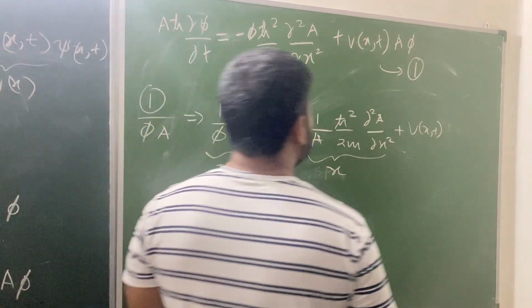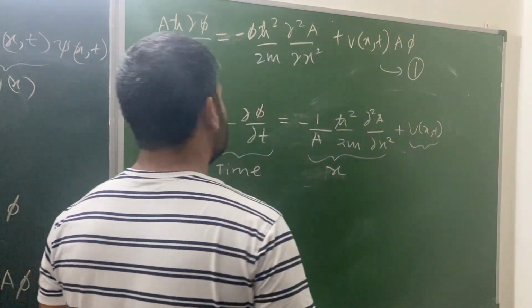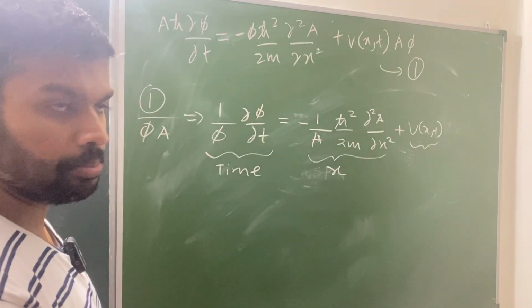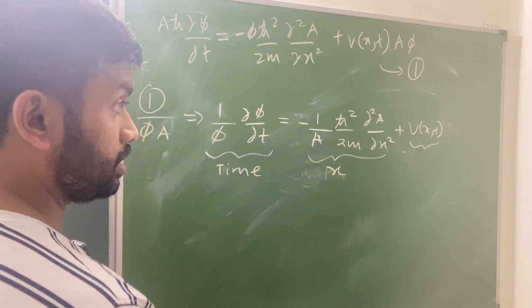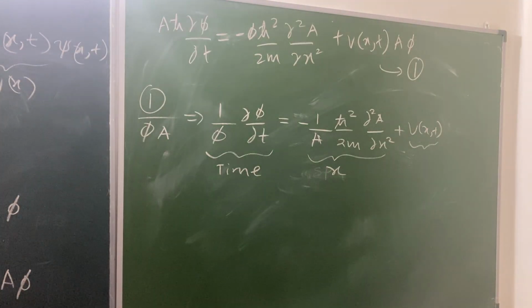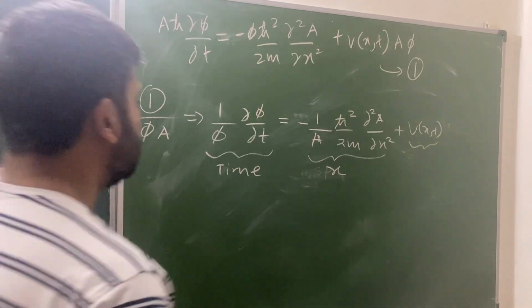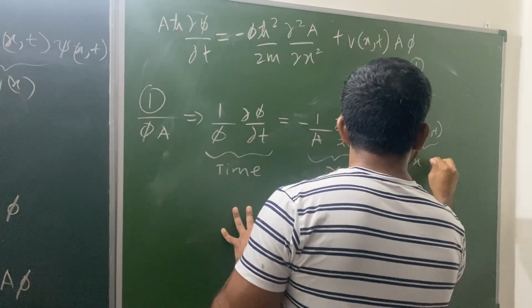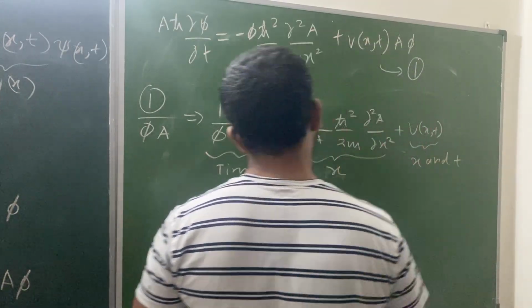But this is the problem, which depends on both x and time. Both x and time, right? So now I have to do something about it, guys, right? So what I'm going to do is now, what if this is x and t, it depends on both x and t, right?